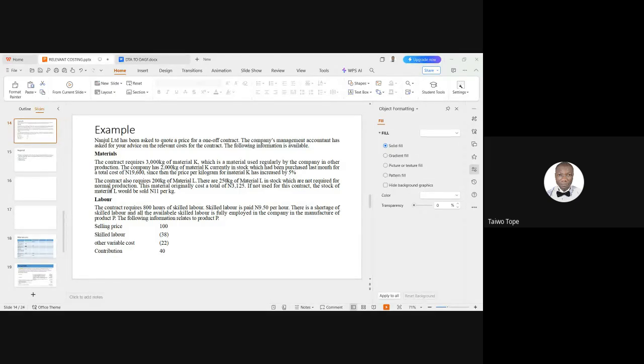There is a shortage of skilled labor, and all the available skilled labor is fully employed. It means there is no spare capacity.